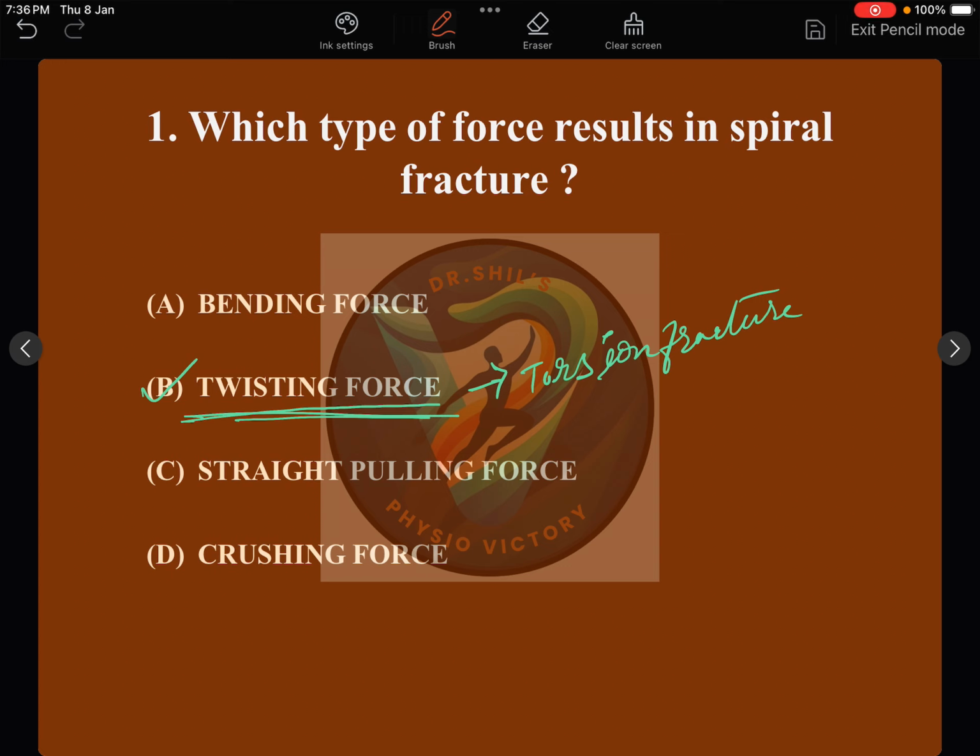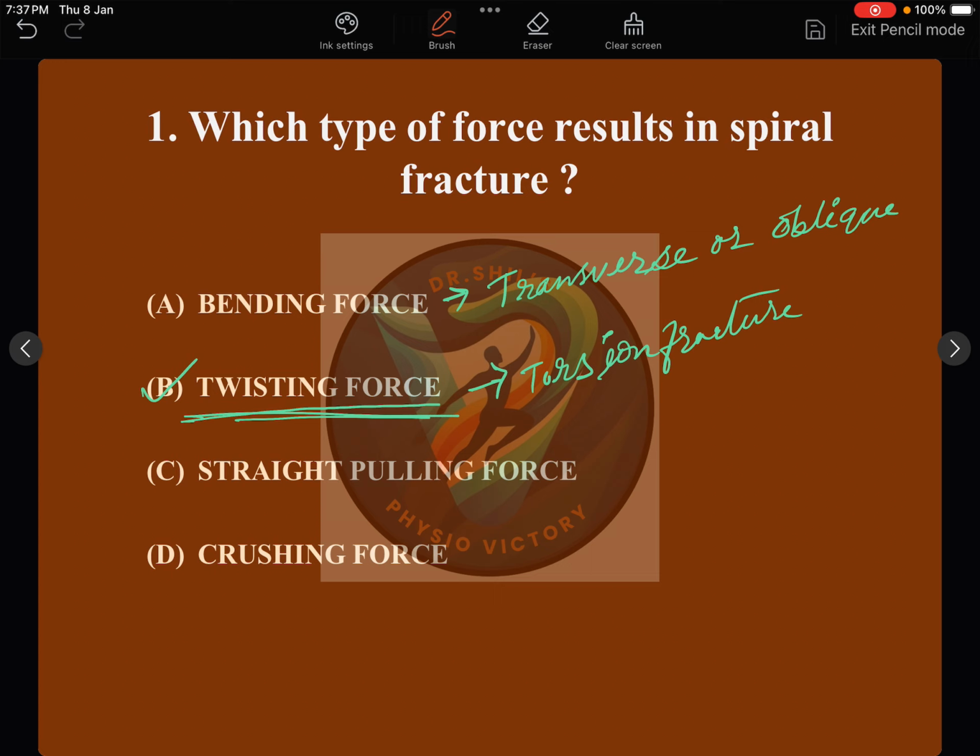Bending force typically leads to transverse or oblique fracture.